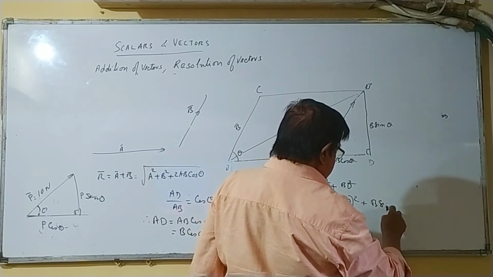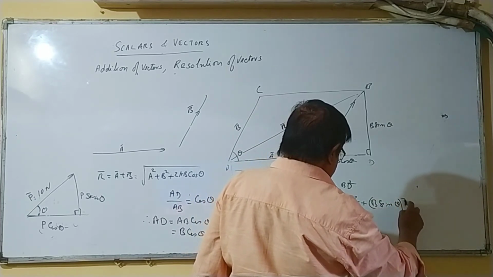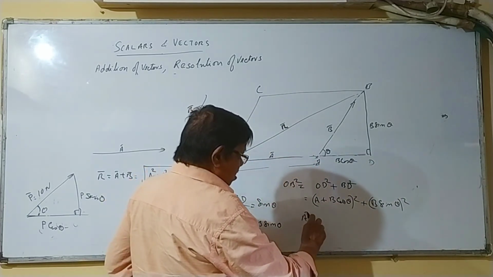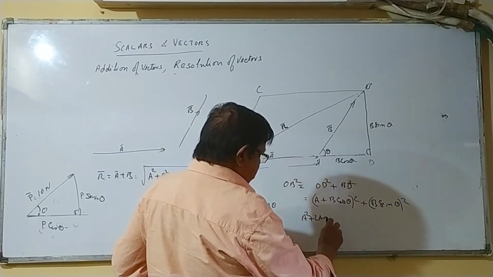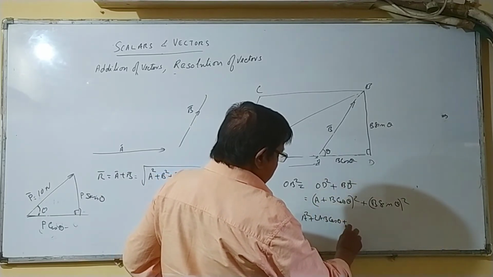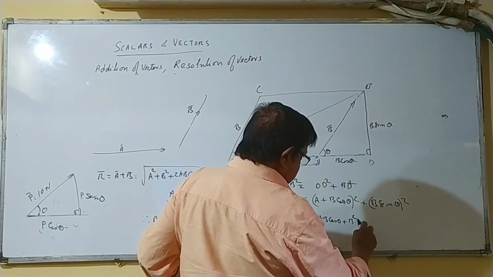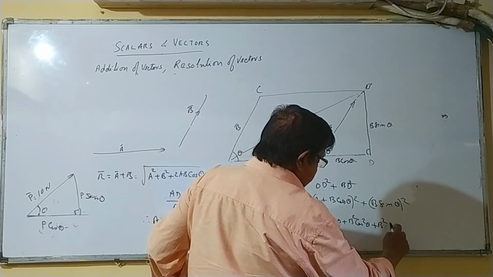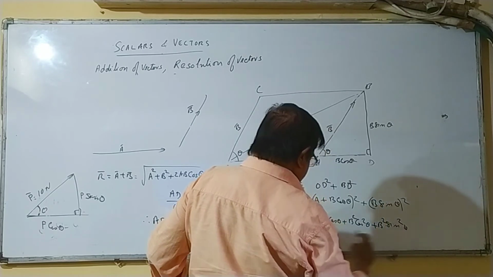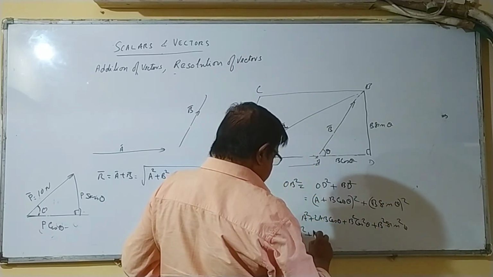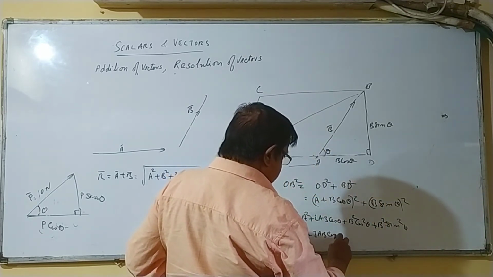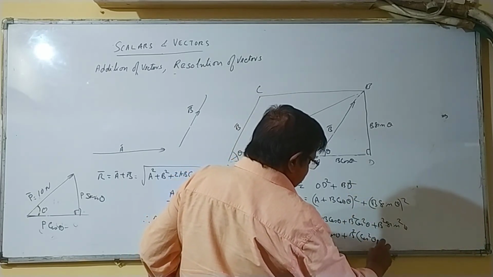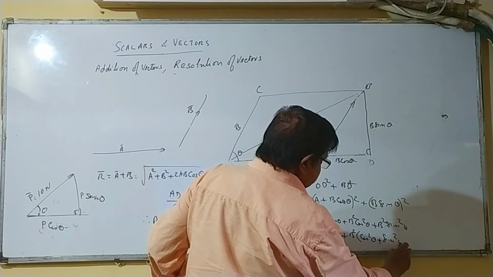B sin theta, the whole square. Using the formula for (A plus B) whole square: A square plus 2AB cos theta plus B square cos square theta plus B square sin square theta. Now A square plus 2AB cos theta plus B square into (cos square theta plus sin square theta).